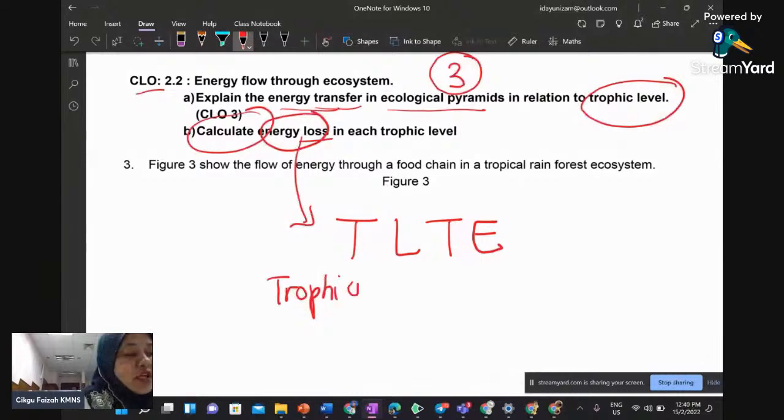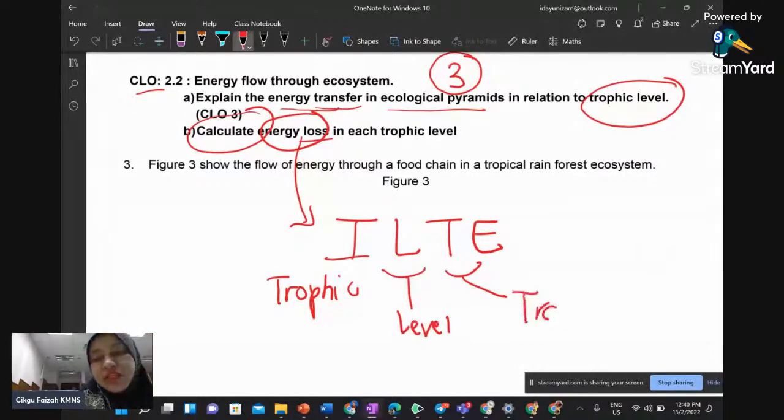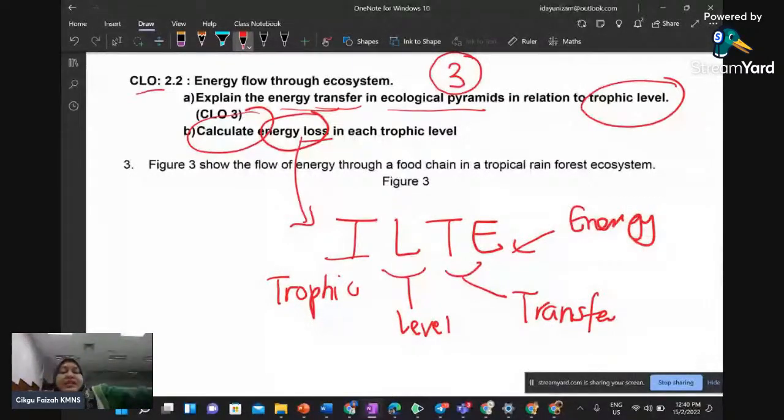L means level. T ni trophic, L means apa kelas? Level. Okay, T lagi satu ialah transfer. And E adalah energy. Okay, so you must be able to calculate the TLTE. So TLTE is trophic level transfer energy.